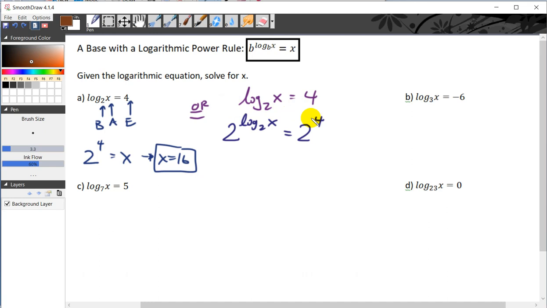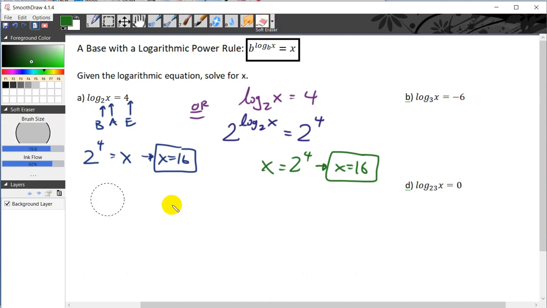This expression says that this is equal to x. So we're left with x equals 2 raised to the 4th. By doing this method, you don't have to memorize any formulas. You can just logically solve it. And this would be x equals 16. That's basically how that one works.